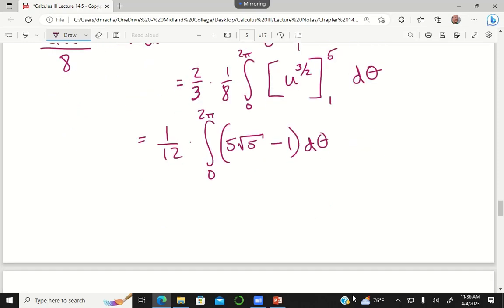And so the antiderivative would just be multiplying by a theta, and then whenever I replace theta with 2 pi and I replace theta with 0, it's essentially just multiplying that integrand by 2 pi. And so my final answer is going to be pi over 6 times 5 square root 5 minus 1.